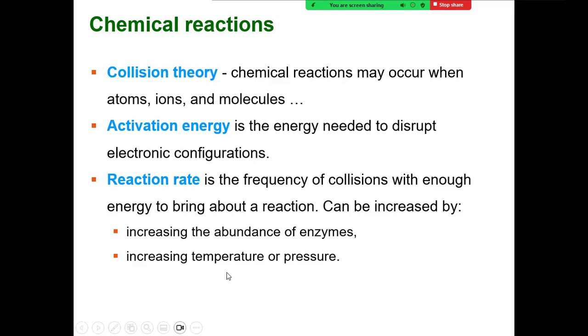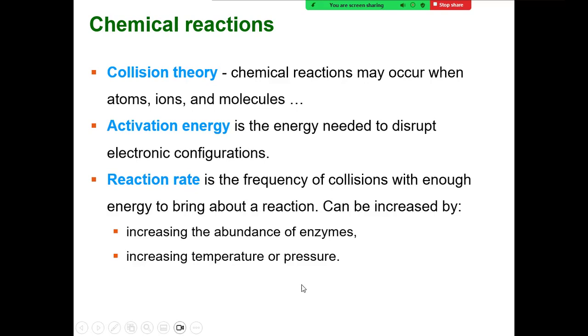If you increase the temperature, the molecules are moving faster, jiggling more, and that means they have more energy in them. And so when they collide, they're more likely to have the activation energy they need to make the chemical reaction proceed.